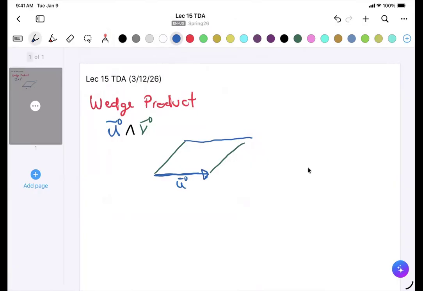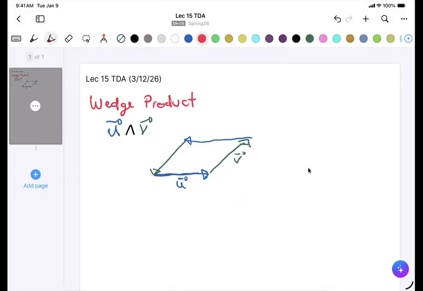Then you travel along the edges of the parallelogram as dictated by the vectors. If you have u there, then you have v, and then you close the circuit, going this way and then this way. You would call this an oriented parallelogram because you're traveling around it in a particular orientation.